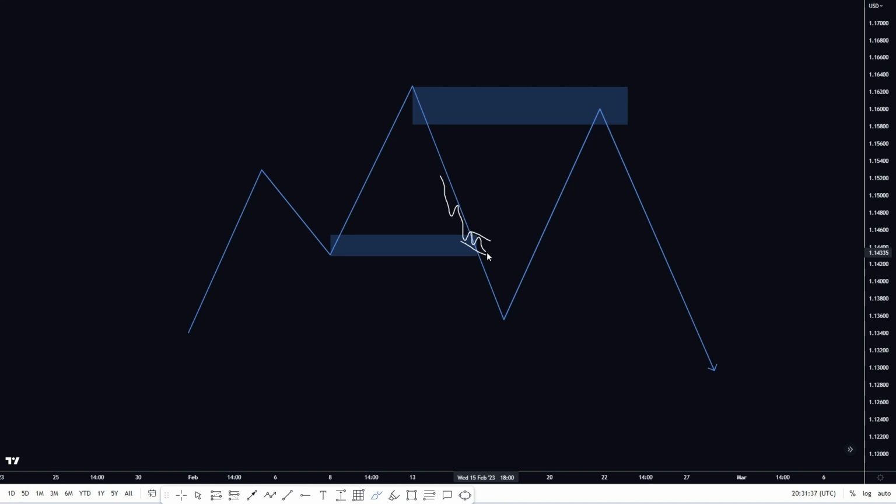So that's the real key concept as to why we want to have this higher time frame to lower time frame analysis, just because we want to be able to stack those confluences together. We want to make sure we're in the right direction across all the time frames. So of course, once we know, for example, the trend on the higher time frame, we could say, well, we're in a clear bearish trend.